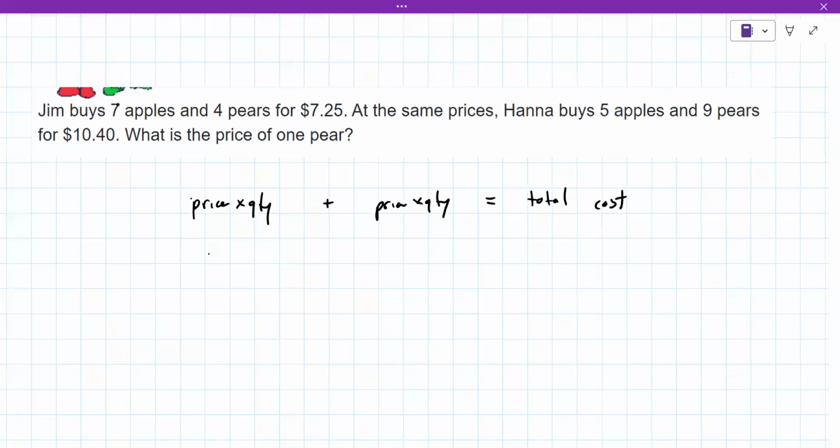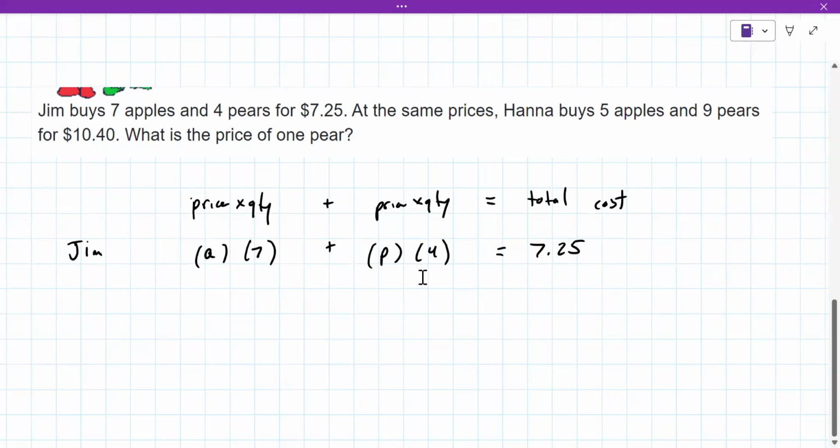So the price of an apple is A, and the quantity of apples is 7. This is the equation for Jim. The price of a pear is unknown, so we'll call that P. The quantity of pears is 4, and the total cost is $7.25. So this one's just backwards of what we're used to, but it still works out here.